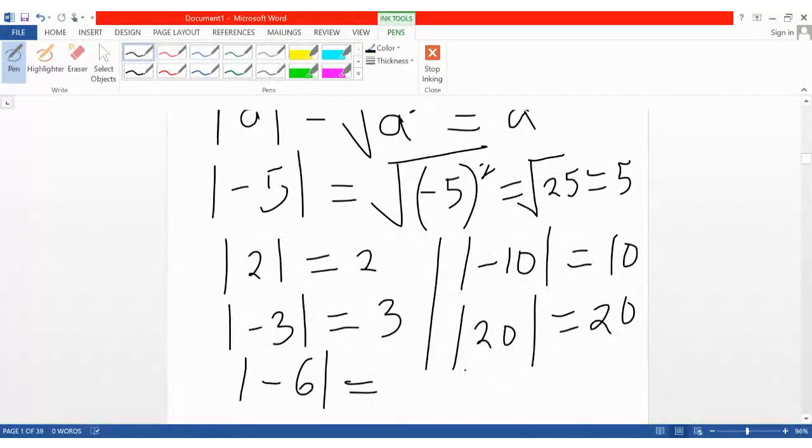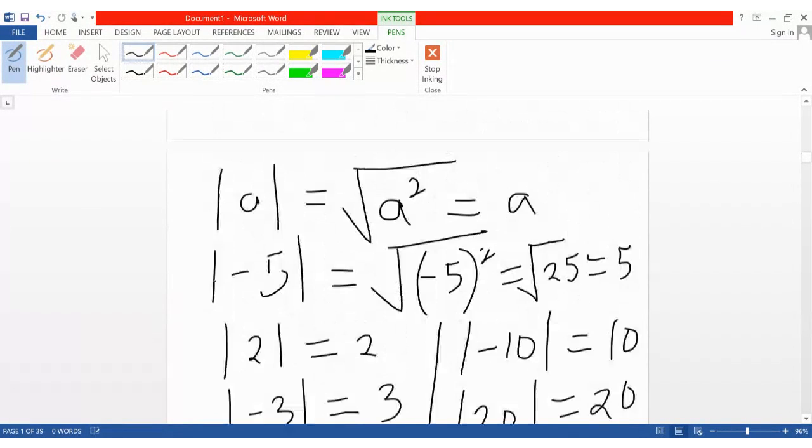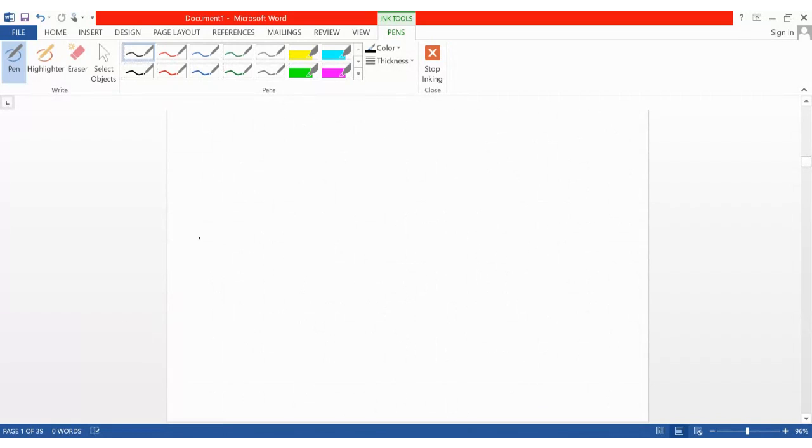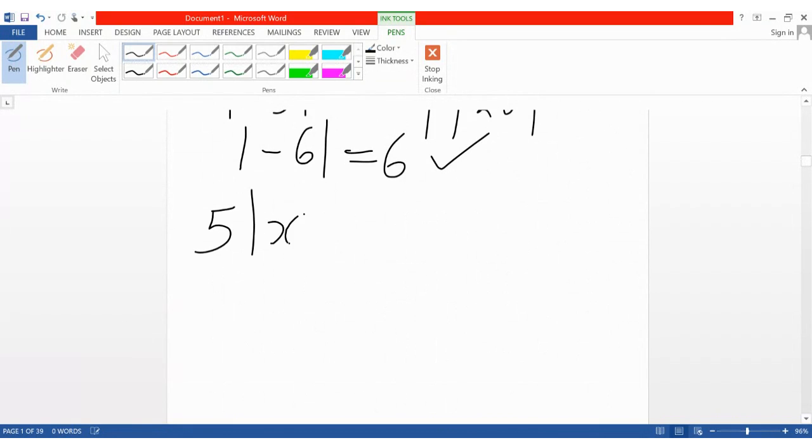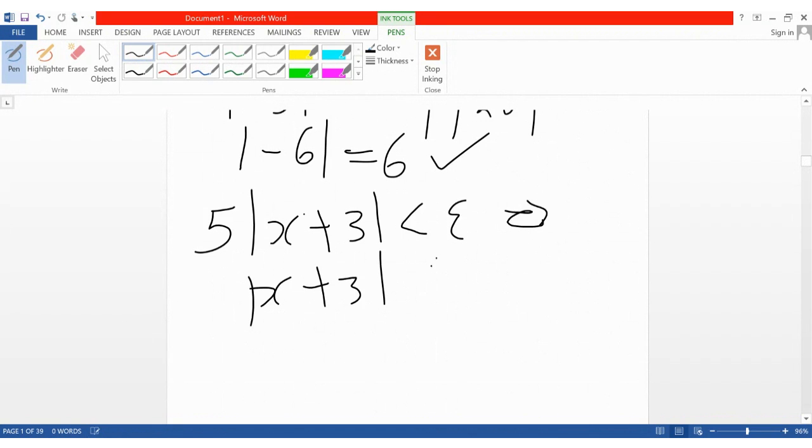So let's go back to our example. At least we have dealt with the magnitude of 5. The magnitude of x plus 3 will be less than epsilon whenever x plus 3 is less than delta. What we need to do now is have the magnitude of x plus 3 on the left hand side alone, so this 5 has to come to this side.